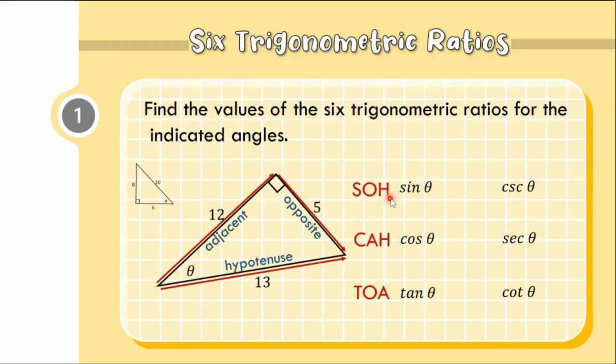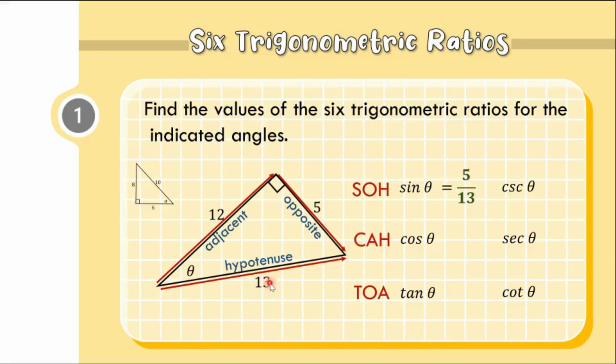So let's start with SOH, in which we have sine is opposite, which is 5, over hypotenuse, which is 13. Therefore, sine theta is equal to 5 over 13. CAH means cosine is equal to adjacent over hypotenuse. So our adjacent side is equal to 12.